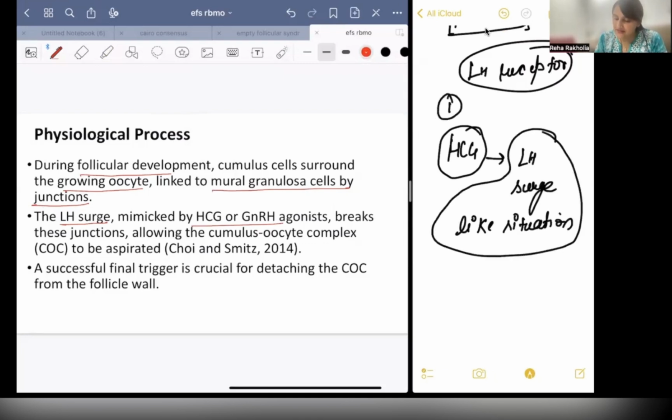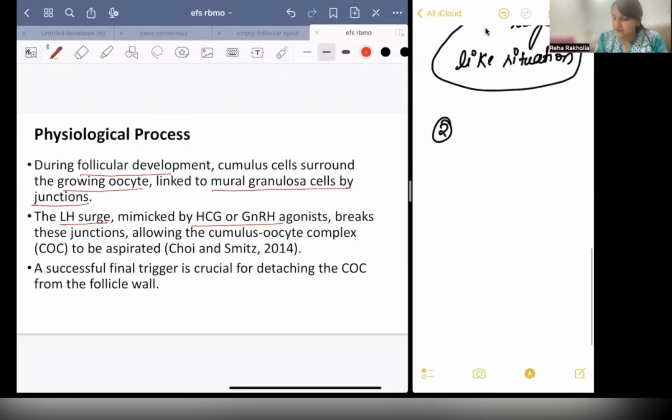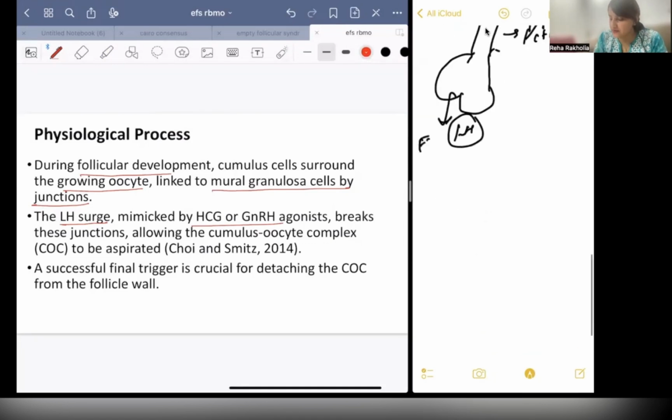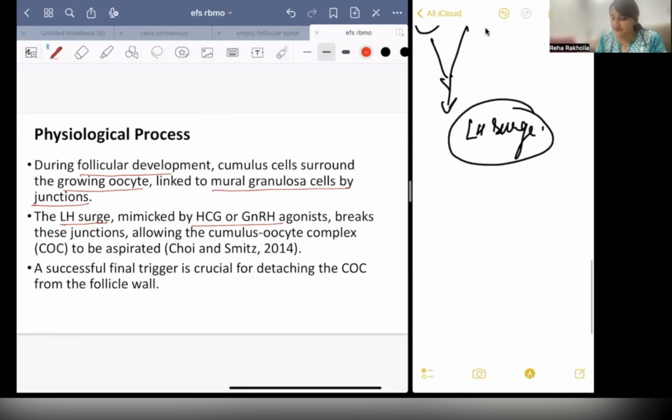The second trigger is the GnRH agonist trigger. What the GnRH agonist trigger does is it squeezes the pituitary, releasing FSH and LH from the pituitary. That will cause an LH surge. Both mechanisms of action we have seen.